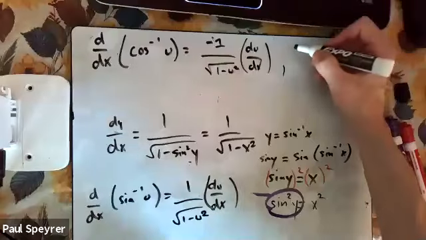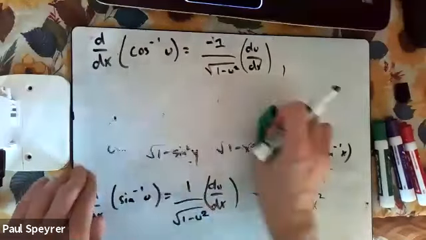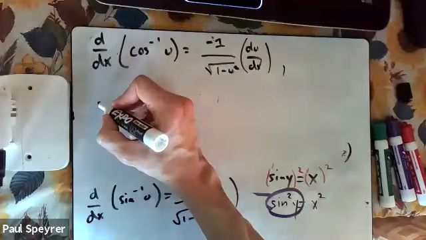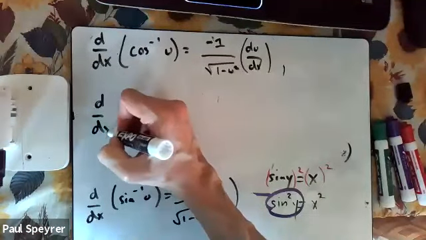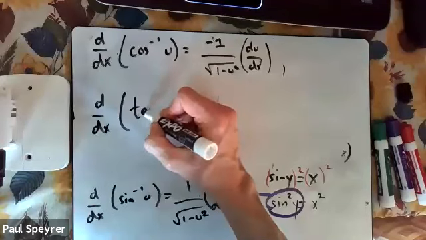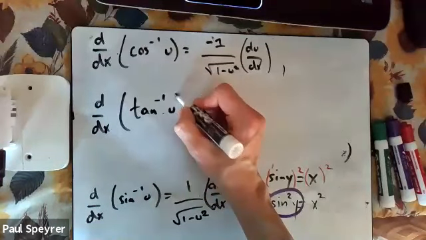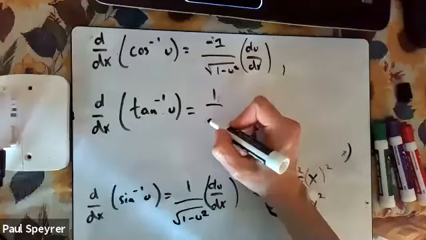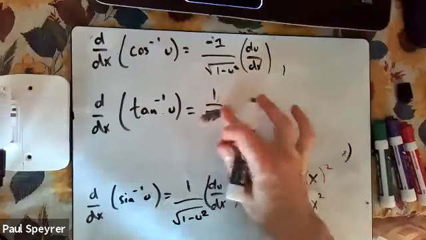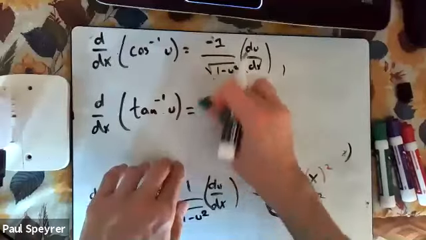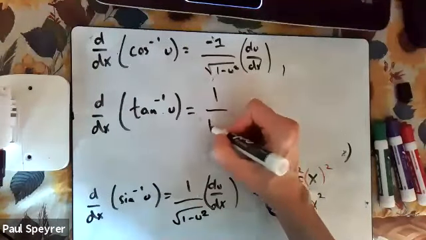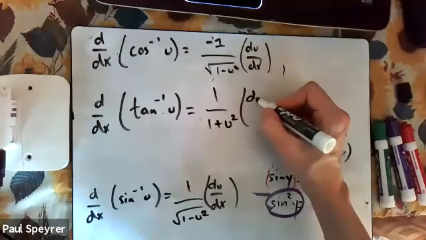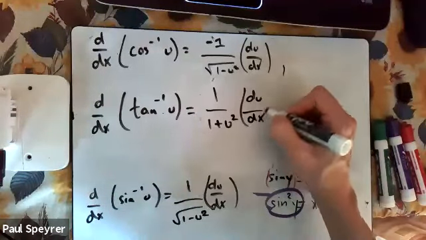And then you also have the tangent, or arctan. So d dx of arctan of u is equal to 1 over the square root. Oops, no square root this time. It's just 1 over 1 plus u squared times du dx.